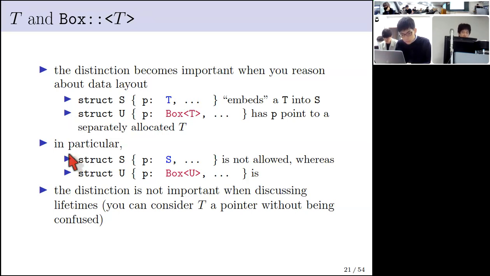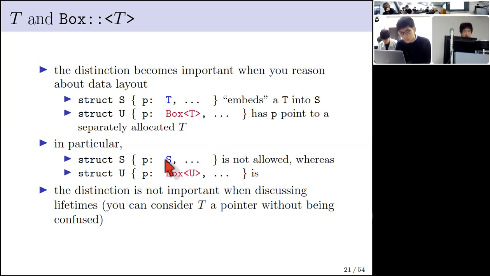And the situation in which this becomes particularly important is when you have recursive data types, where struct S has a field of another struct S. This is not allowed, because you cannot think of a reasonable implementation for this, right?